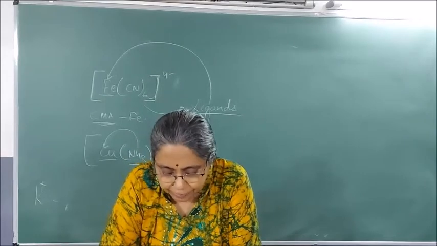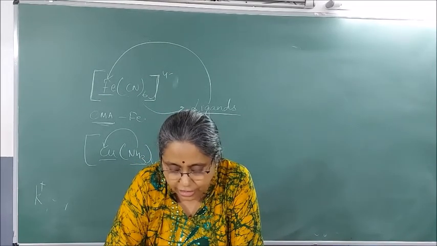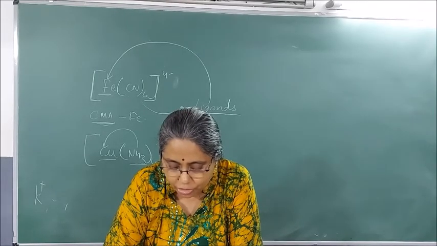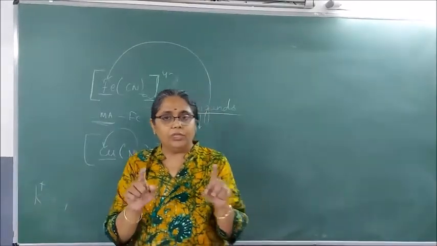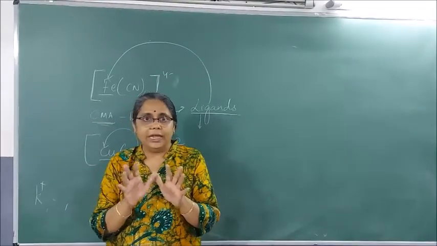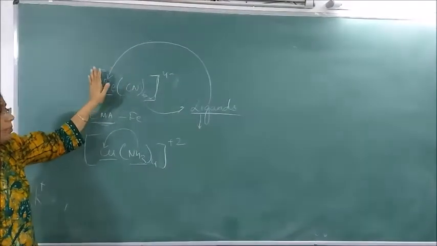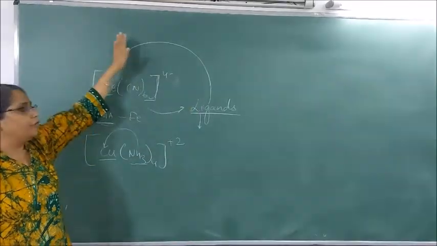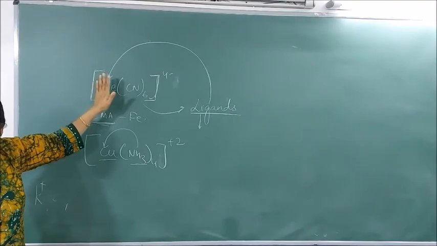For example, in [CoCl3(NH3)3] is a coordination entity in which the cobalt ion is surrounded by 3 ammonia molecules and 3 chloride ions. So anything what you write within the square bracket becomes what? Coordination entity. It consists of a central metal atom and fixed number of donor atoms, which are called ligands, which donate lone pair of electron to the central metal atom, forming what bond? Coordinate bond.